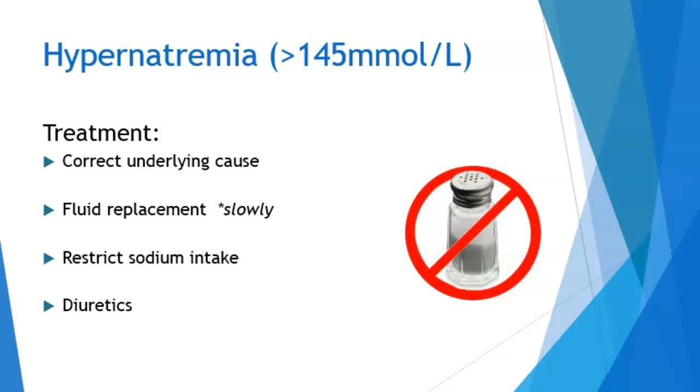So serum sodium, we want to reduce it gradually to prevent too rapid of a fluid shift back into the cell, because that could lead to cerebral edema. So besides restricting sodium intake, we could also reduce the sodium by using diuretics. So you might see a patient being offered diuretics to help reduce that sodium.